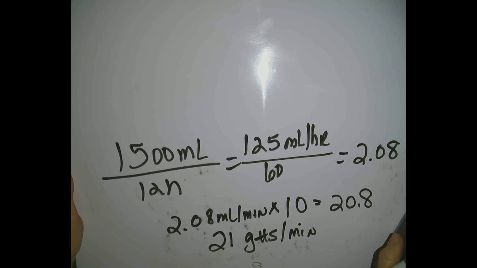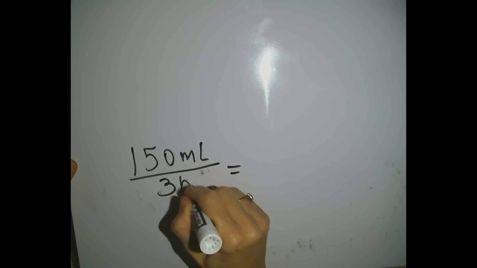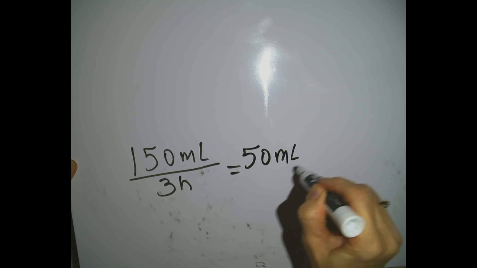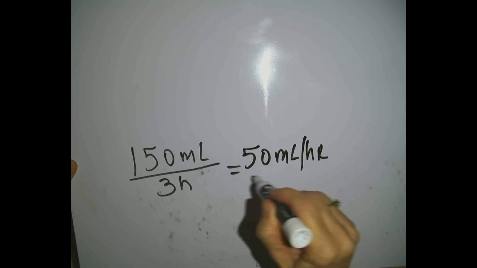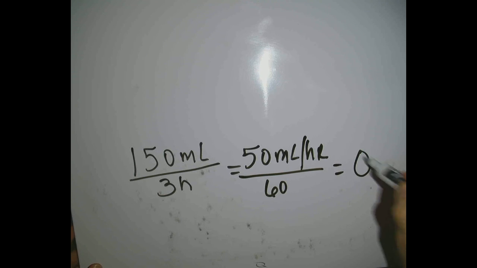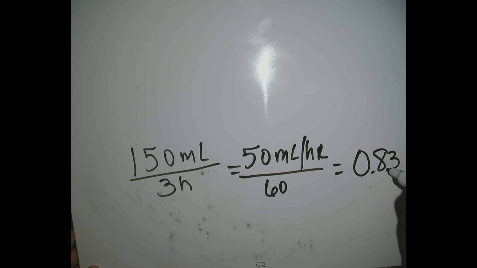And then our last example, we took 150 milliliters infused over 3 hours, which we determined was 50 milliliters per hour, divided by 60 to get our minute rate of 0.83.